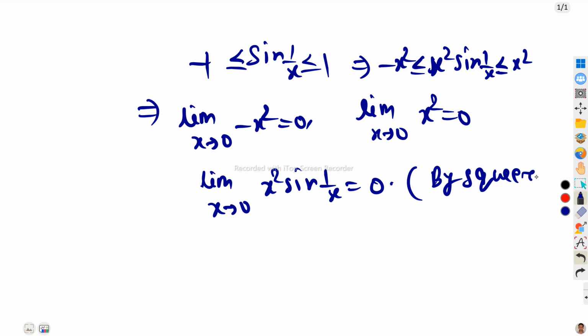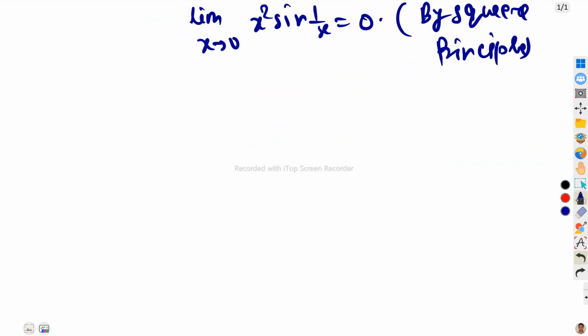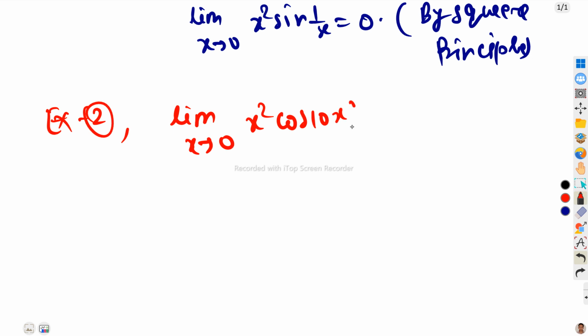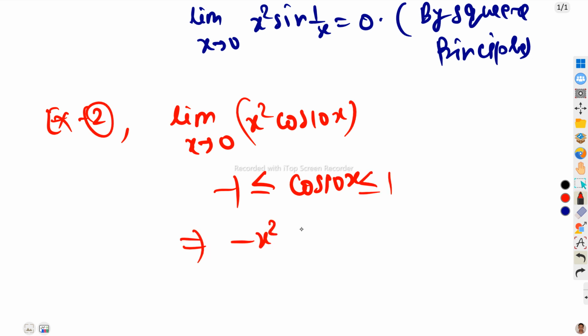Again we have another example, example 2: the limit as x tends to 0 of x square cos 10x. We know that the value of cos lies between minus 1 and 1. So this inequality can be written as minus x square less than x square cos 10x, which is also less than x square.